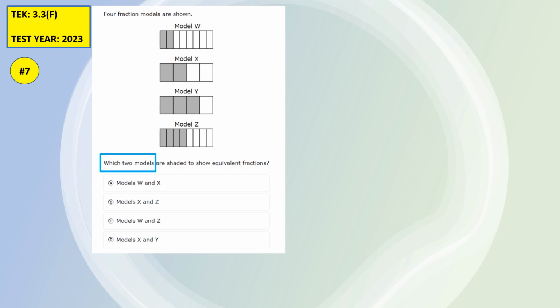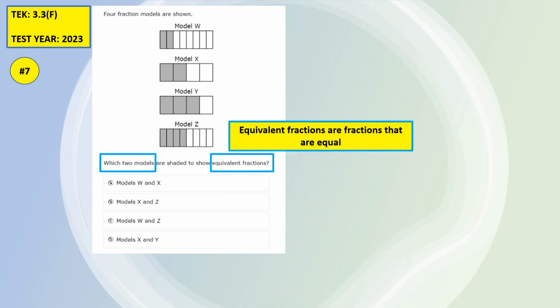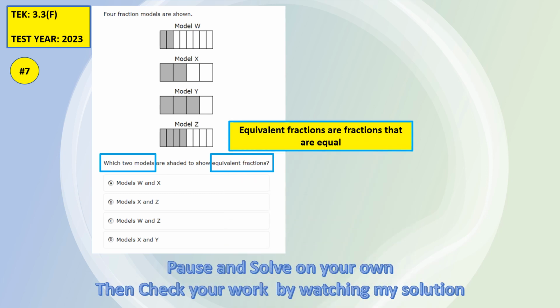Now you should be able to look at them and tell, but what we can do is go through and figure out what fraction each model is actually showing so that you can compare them. Equivalent fractions, remember, they have to be equal. Two of these models are the same. I want you to think about that and then pause your video and solve this on your own.